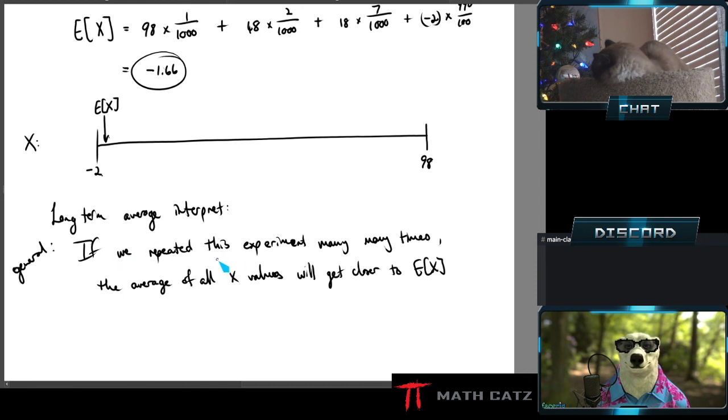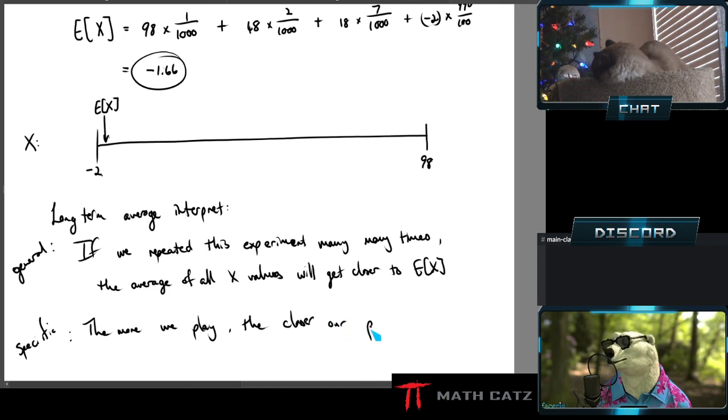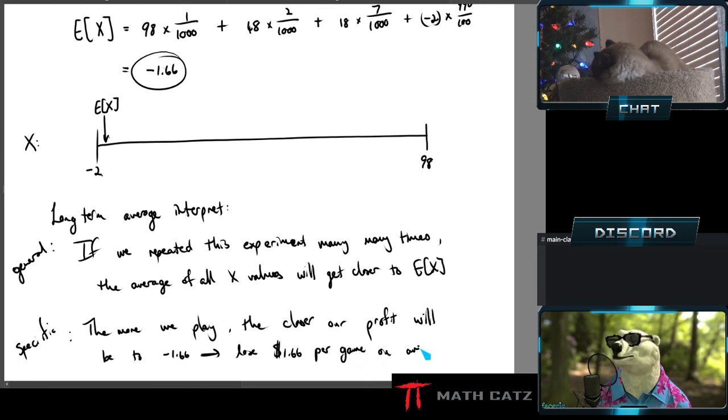That means if I played the raffle over and over, many, many times, the more I play, the more my average profit will be negative 1.66, which means I will lose, specific to my example, the more we play, the closer our profit will be to negative 1.66, which means we will lose $1.66 per game on average.